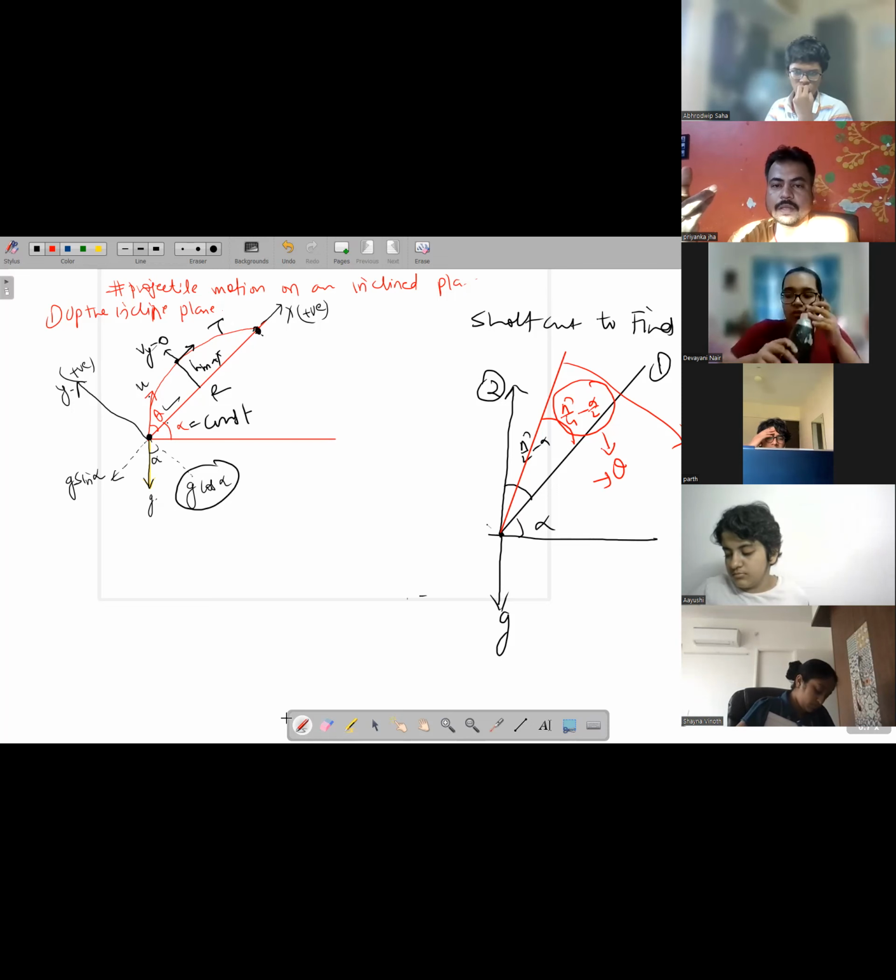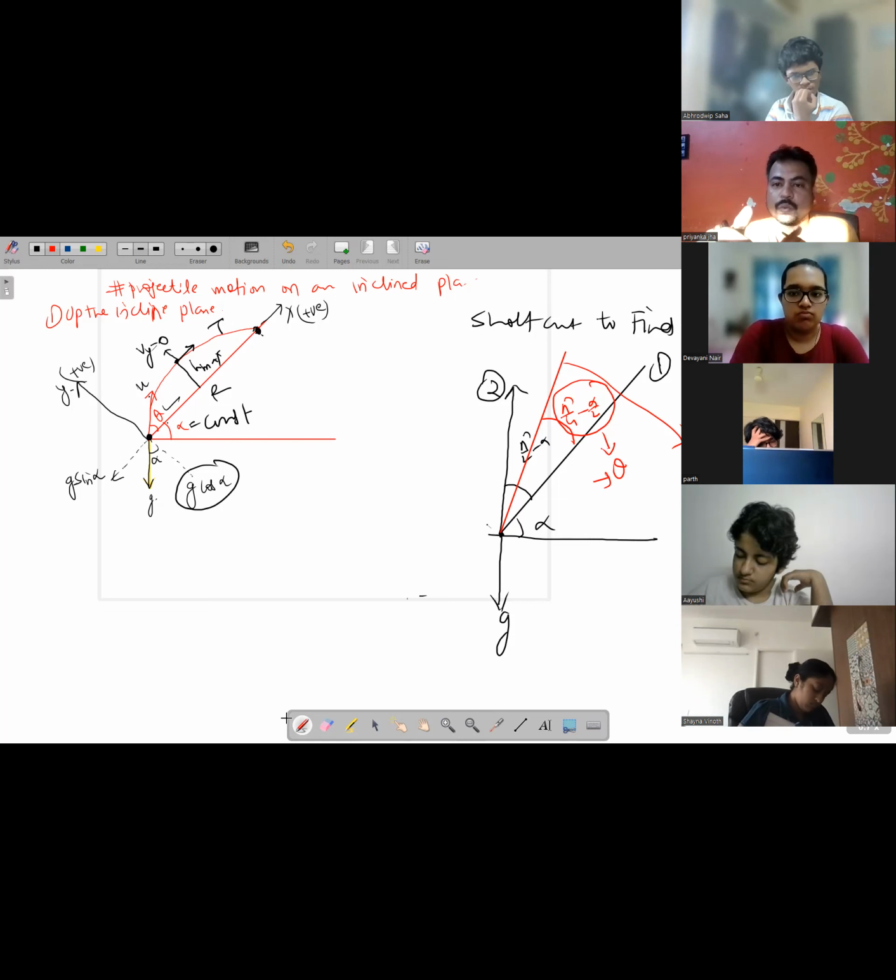And then if the particle is thrown at the angle bisector of line 1 and line 2, then that particle will travel maximum distance. Yeah, it will have maximum range.